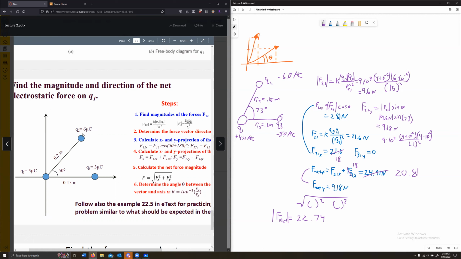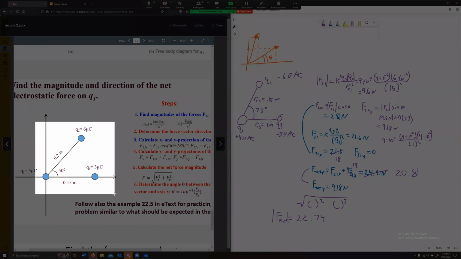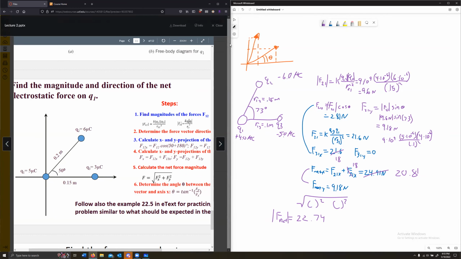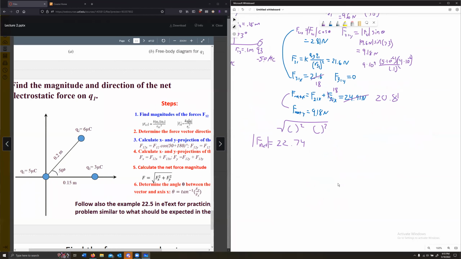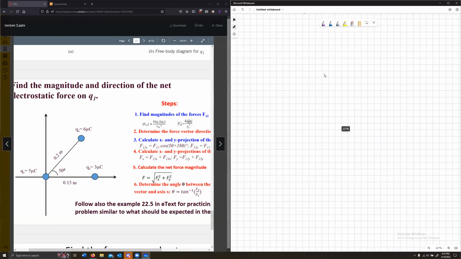So you're looking at it like the force of here, the way I thought of it. Now, I don't know if this is absolutely right, but this is my logic: because we're looking at the force of 1 onto 2, we had to kind of, hold on, wait a minute. Actually, let's try something before I say anything. Let's try to big brain this a little bit.